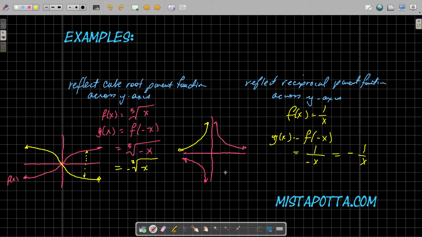And anything that's in the third quadrant is going to get reflected over to the fourth quadrant. But in reality, this yellow graph really looks like I just took whatever was above the x-axis and reflected it below the x-axis, and vice versa. So this really looks like both a horizontal reflection and a vertical reflection. And this actually leads into the last thing that I want to talk about in today's video.